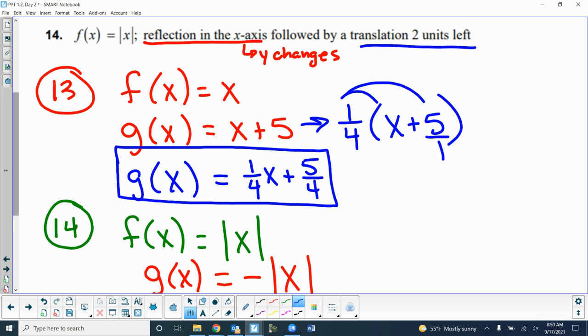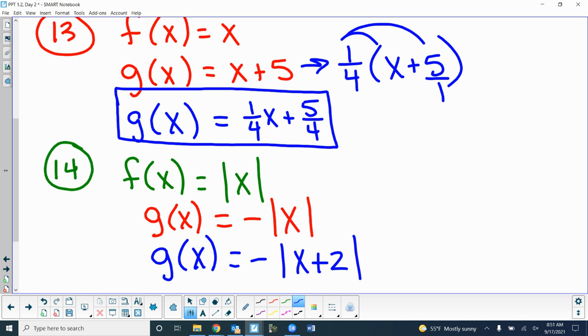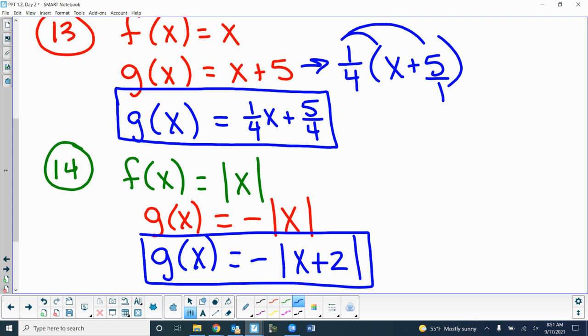And it's 2 units left, we think opposite, so it's plus 2. So we got g of x equals negative the absolute value of x plus 2. And that's our final function after the 2 transformations. Okay?